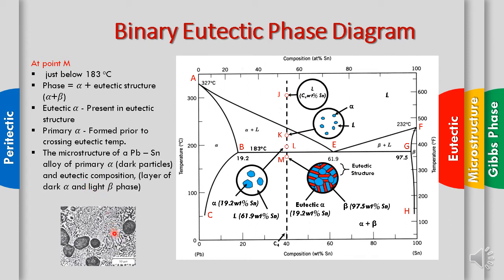Okay, so this is how we project. If we compare to other phase diagrams, this eutectic phase diagram has a different zebra stripe shape and color.